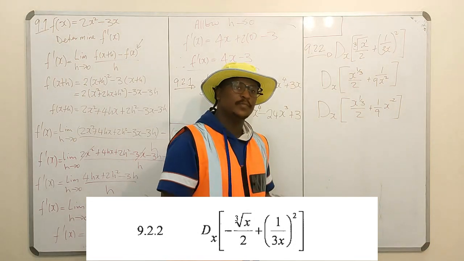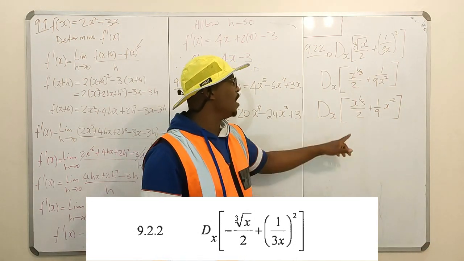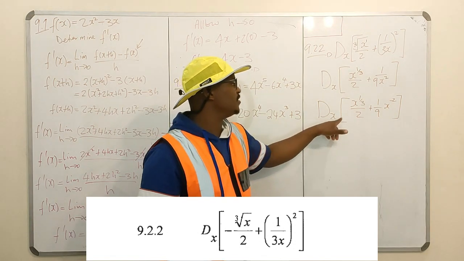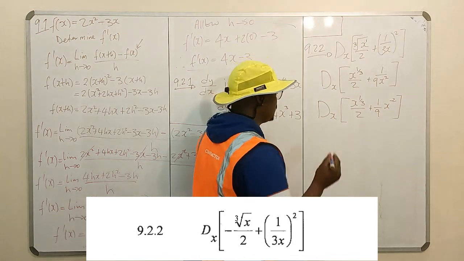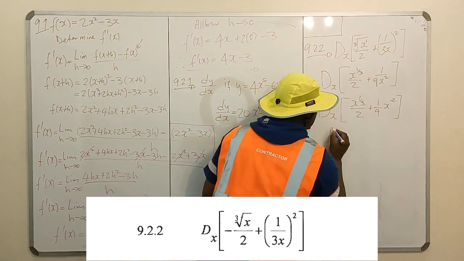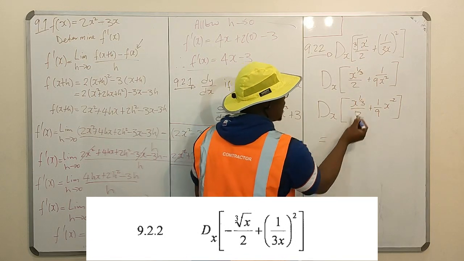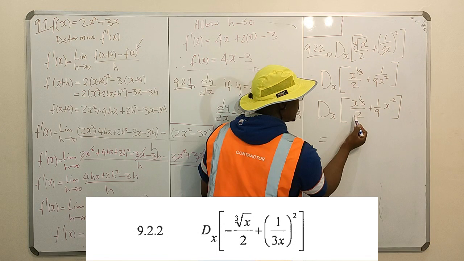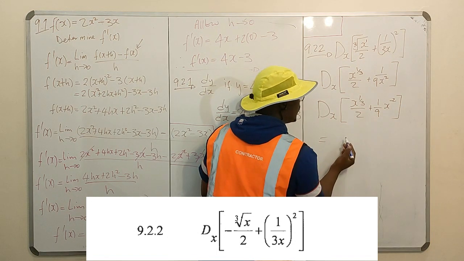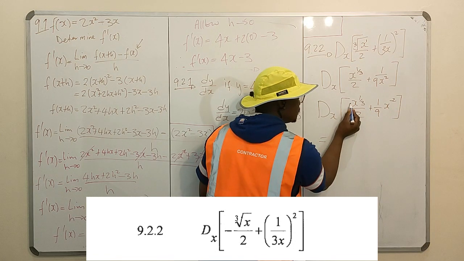So at this point, you're good to go. Now you want to find the derivative of this with respect to x. So your derivative is 1 over 3 times 1 over 2. Or you can say 1 over 3 times 1, right?